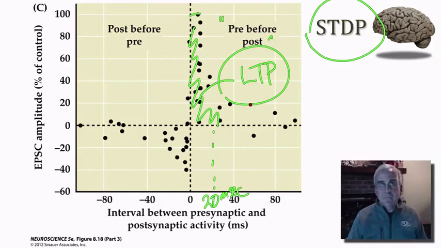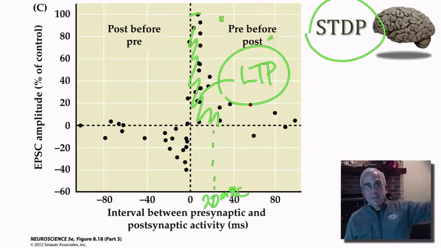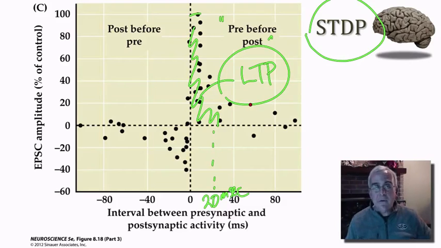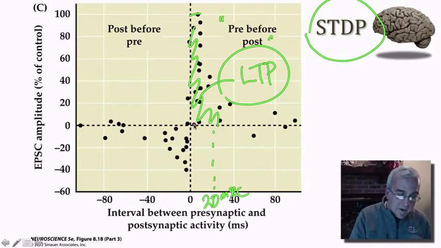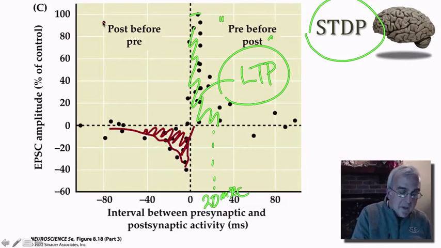On the other hand, again, recalling that the postsynaptic neuron is going to be receiving hundreds or thousands of other inputs, it may fire an action potential in response to some other input than the one that we have control of with our microelectrode. Should that happen before the stimulus is applied to the input in question, we might have long-term depression in this post-before-pre regime.